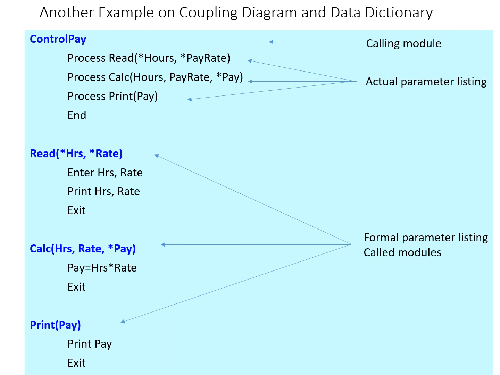We have the example algorithm of control pay, and we have three submodules which are read, calculate, and print. In this module, we have different kinds of parameters which are called by reference and called by value.